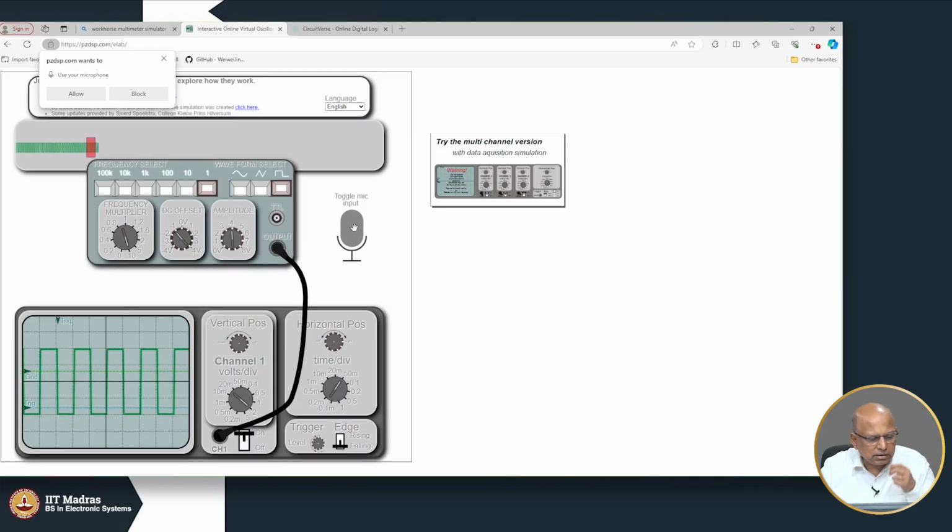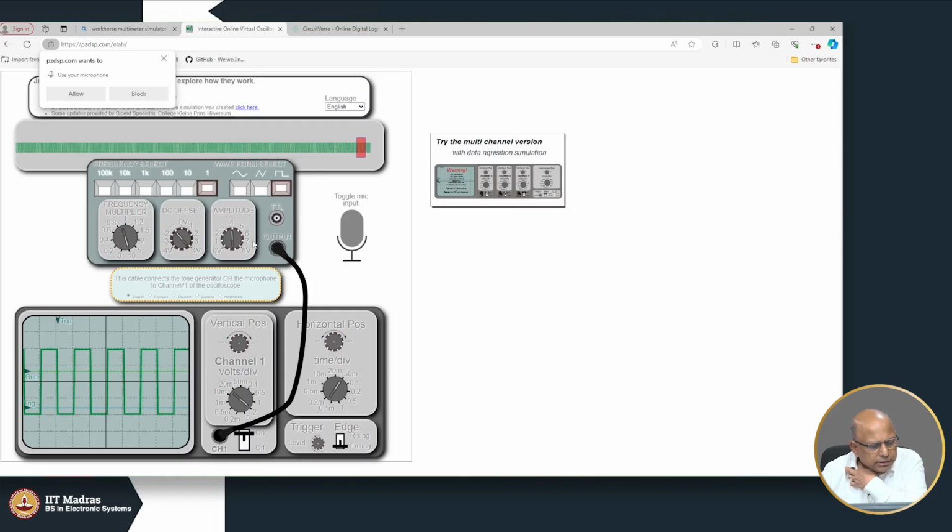And I think you can use this oscilloscope to not only measure the output of the signal generator. I think there are some, maybe not this one, right. There are other websites where you can provide your own signal.